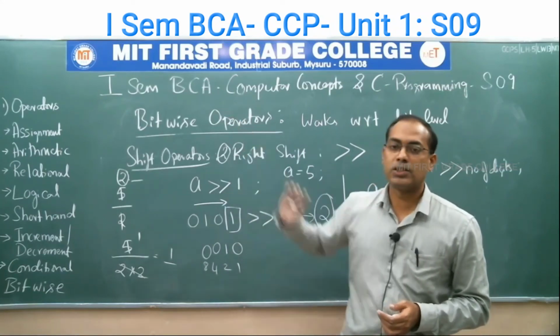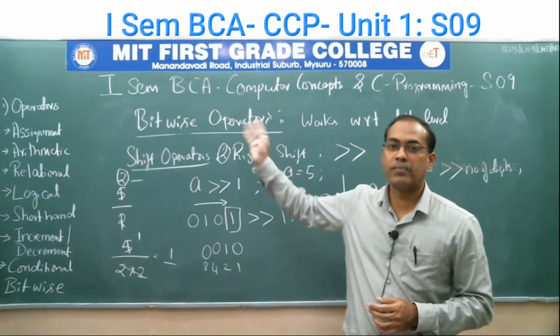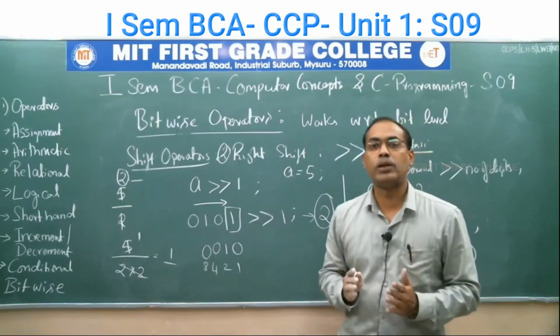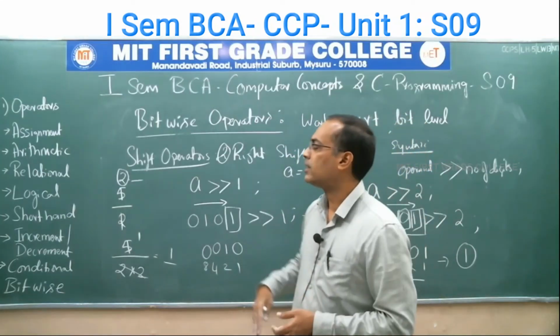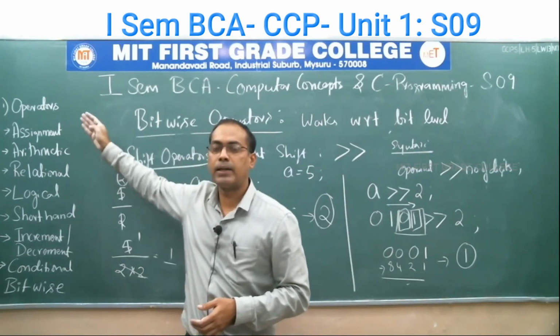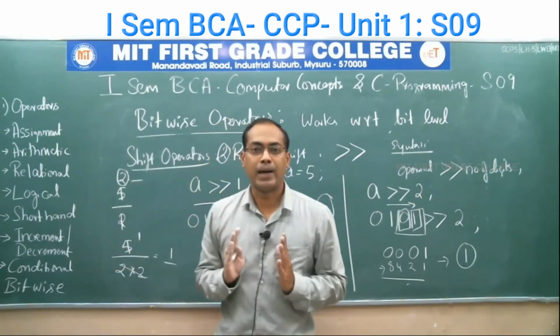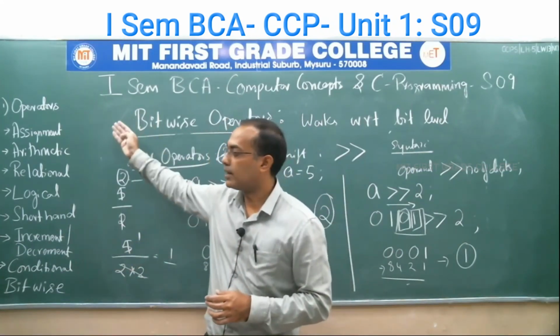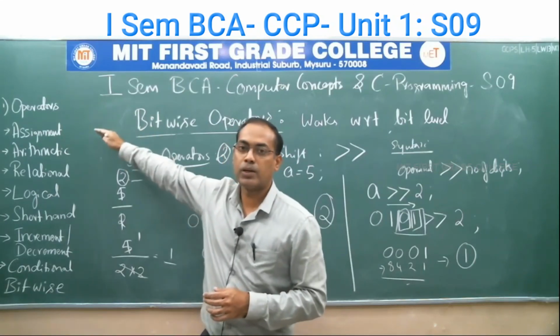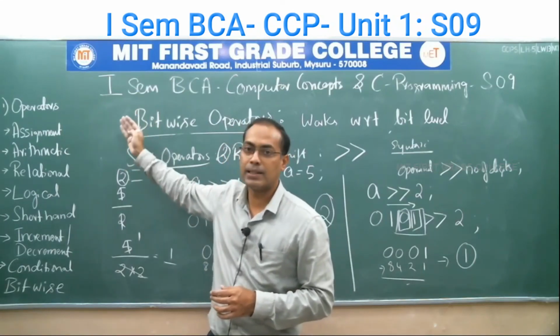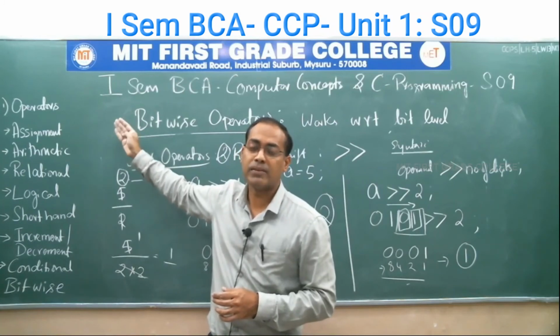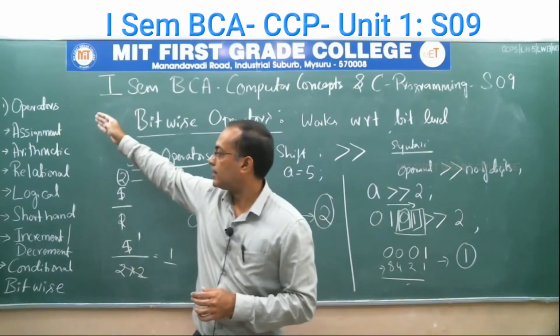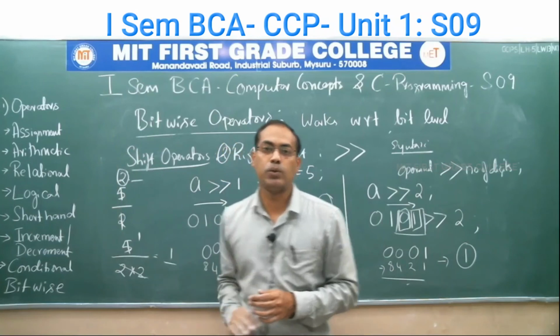So in this session we learned about all the different types of operators that are supported in the C programming language, from the assignment operator to the bitwise operator. Once again, I will briefly explain. The assignment operator is used for assigning the RHS to the LHS. The symbol we use is is equal to.